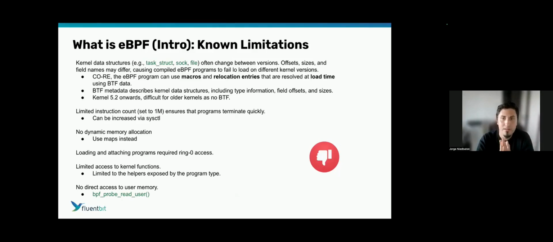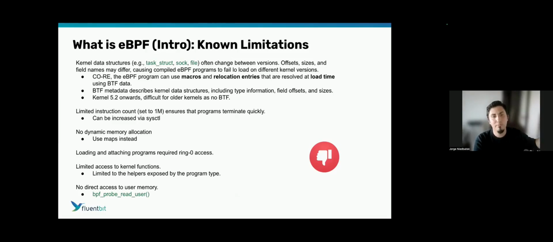For this, there is an implementation called CO-RE, or compile once, run everywhere. This allows the same eBPF program to be compiled a single time and run across different kernel versions without having to do all the symbol lookup, offset resolution and size handling.